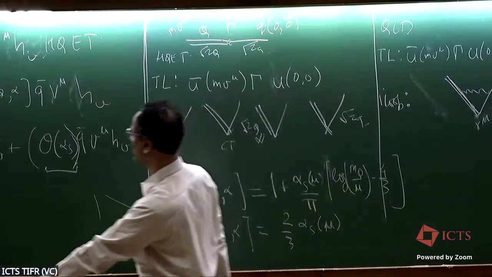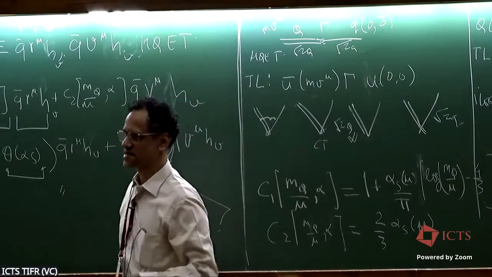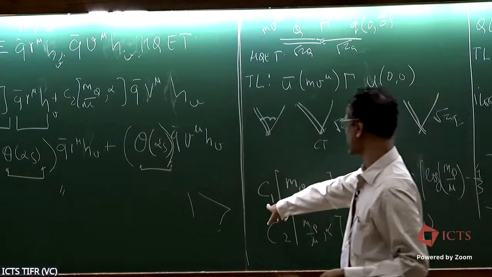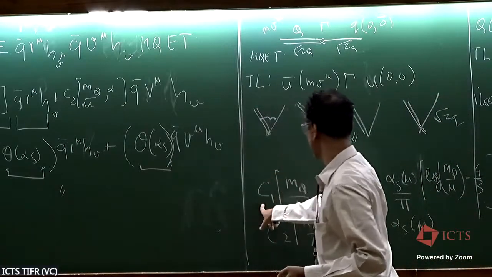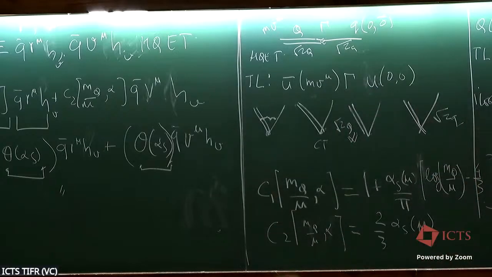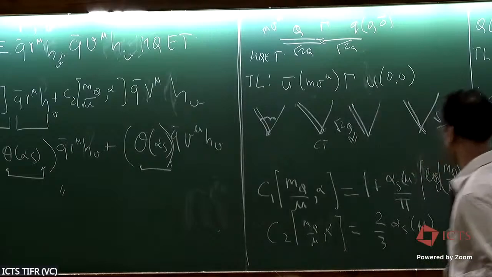So that's good for you because you don't have large logs. But it becomes bad for you in the sense that now you have to calculate this matrix element at a scale which is mQ, where it's not even a bound state, right? That's not a good choice. So what you want to do is somehow run these Wilson coefficients down to a lower scale at which you can calculate the matrix element more easily.